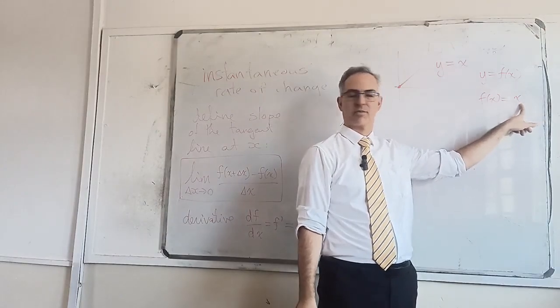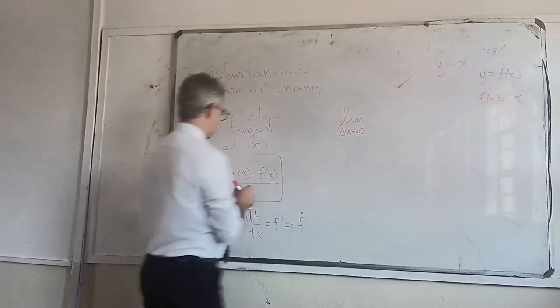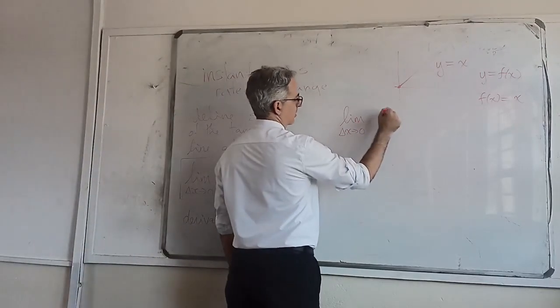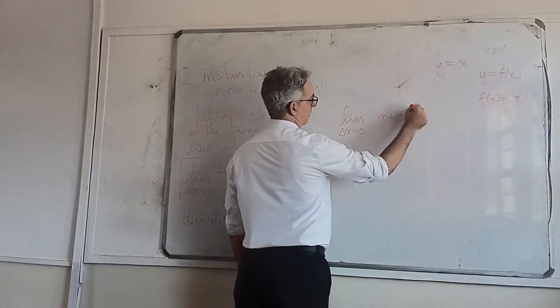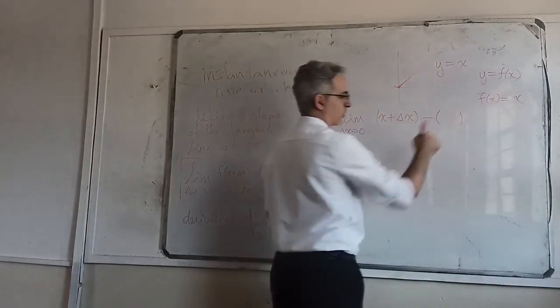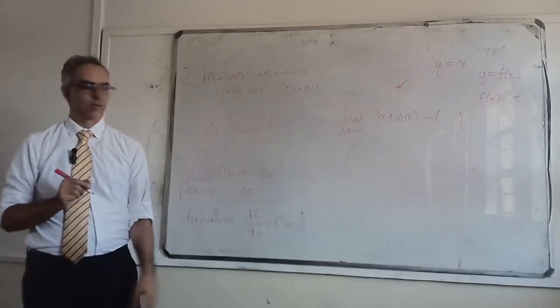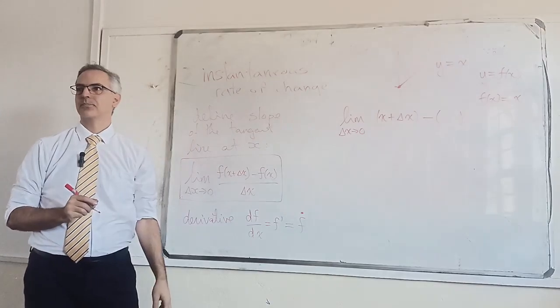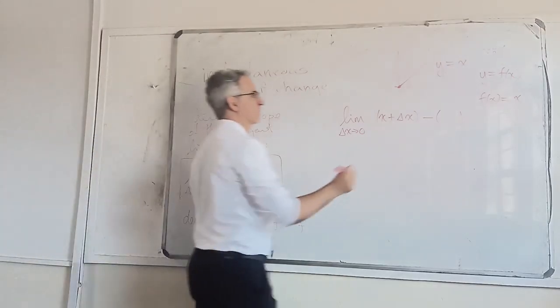Easy? Okay. So let's try that. So what am I putting in? x plus delta x. And my function just gives me the same thing back, x plus delta x. Great. Minus, what do I put here? What is f of x for my function? x.